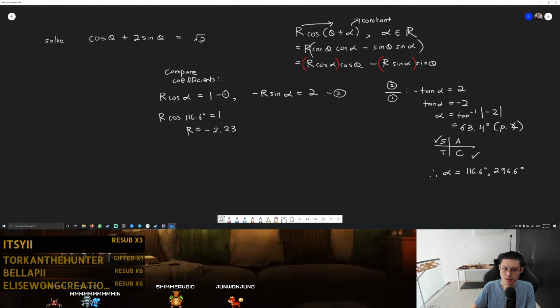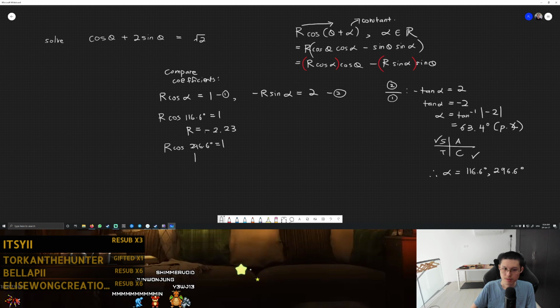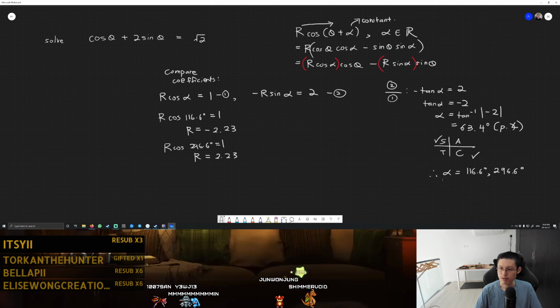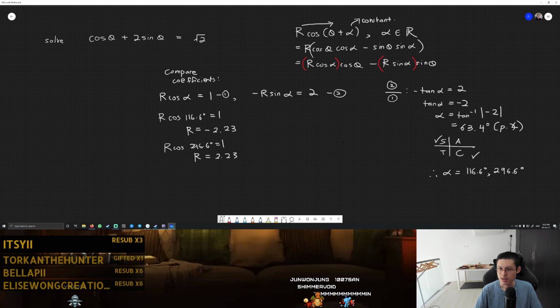If you use r cos 296.6, then this one would give you 2.23. So typically for questions like that, they will tell you what the angle alpha is. They'll tell you that alpha is between 0 to 180. So you want to use this one, which means you would get this one. So it kind of depends on the question.